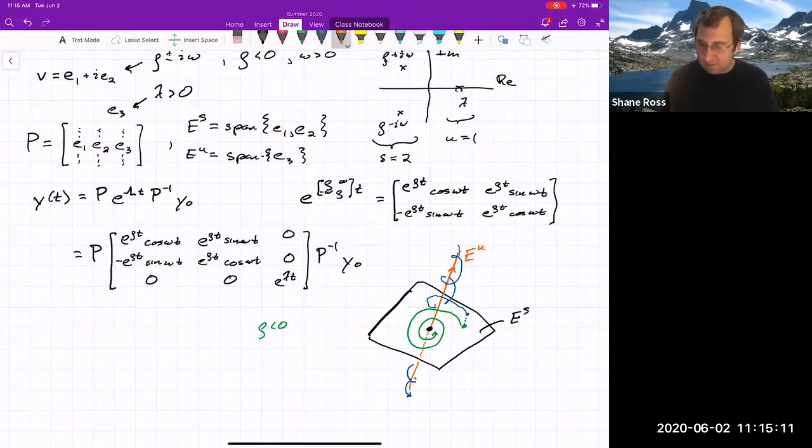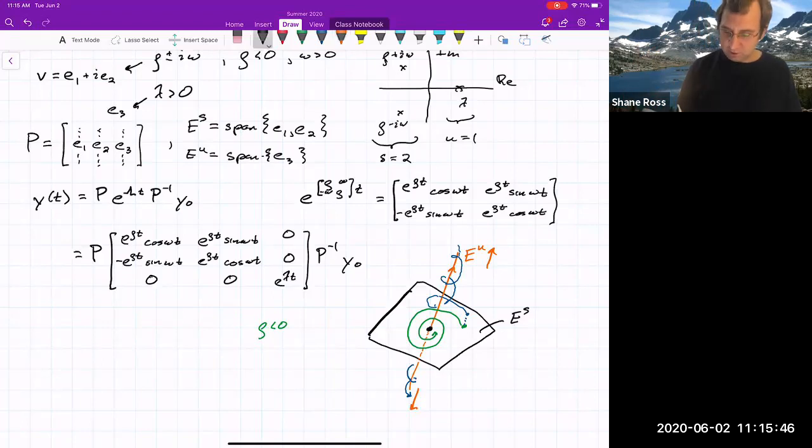So the dynamics in general are going to be dominated by things leaving along the unstable subspace. If you start above the stable subspace, then you escape along the positive EU axis. If you start below, you escape along the negative. If you're exactly in the stable subspace, then you just spiral into the origin. But of course, things will slightly be off in general, so almost all of the trajectories leave along the unstable subspace.